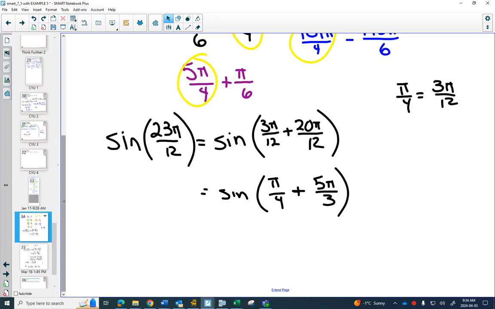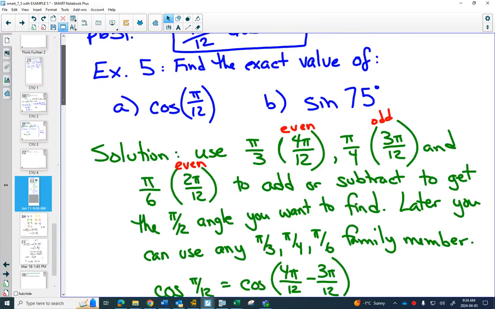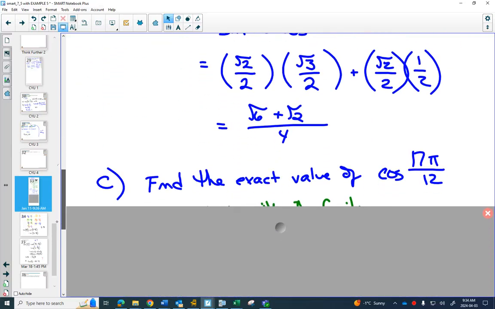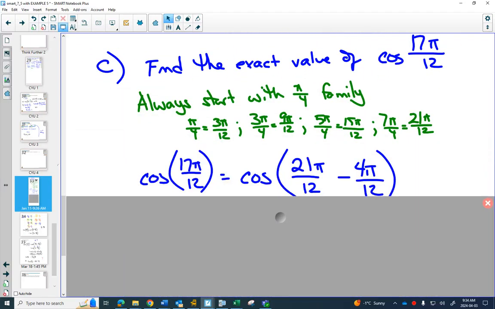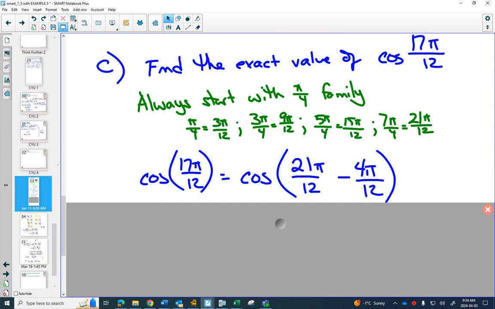We could finish this one. I'll finish the one that we started here, which was part C, our 17 pi over 12. I happen to choose 21 pi over 12 as my pi over 4. So what it says here, always start with pi over 4 family, and then I wrote out each pi over 4 family, what it is over 12.